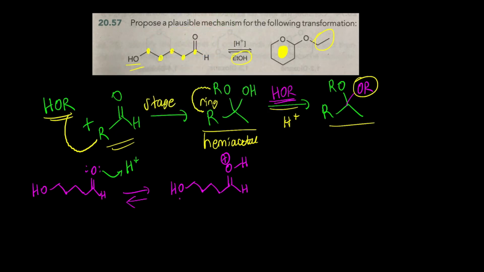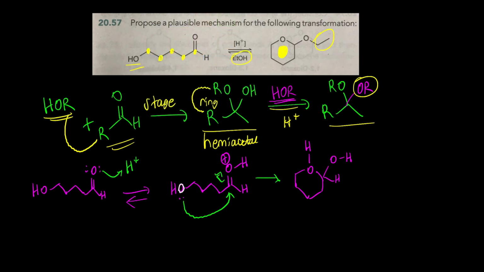Why? Because in this step, we're going to need to take lone pairs on our alcohol and attack the carbonyl carbon. So this is going to give us a ring. Now I'll redraw it nicely, but it's going to look like this. Draw the H, and then here's the OH.